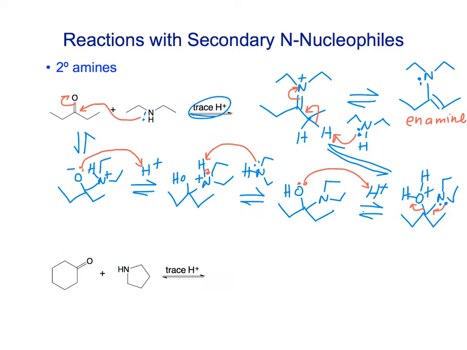Okay, so remember, we could do this in two steps to make it easier. The first step, if we have a secondary amine, is to remove the oxygen, right? We can just still draw the double bond, but remove the oxygen and attach the nitrogen. And I'm going to remove the hydrogen that was on the nitrogen as well.